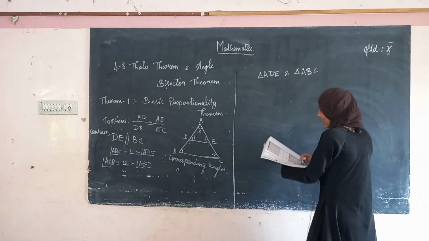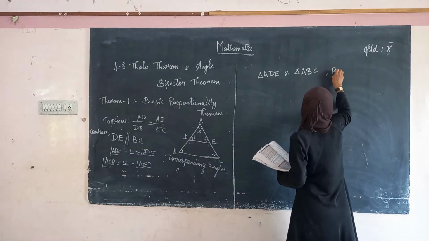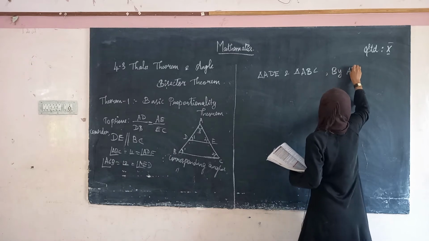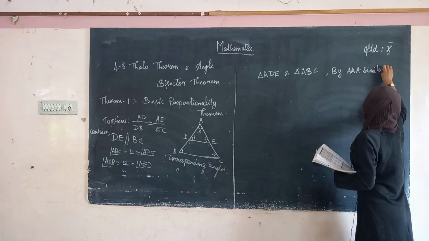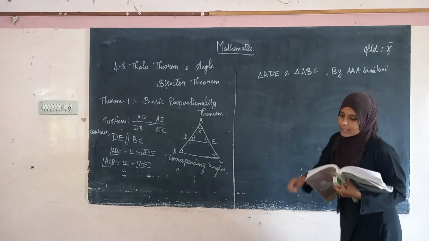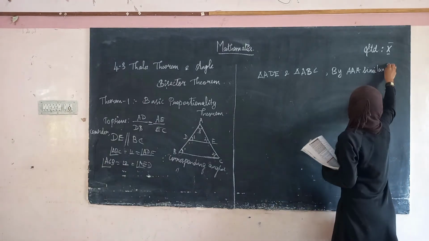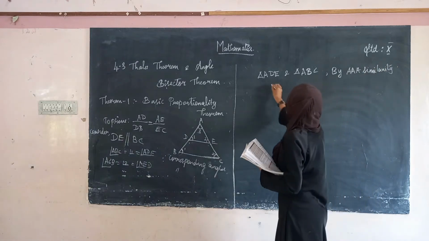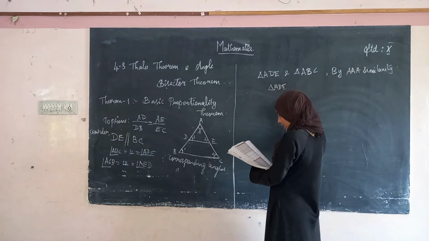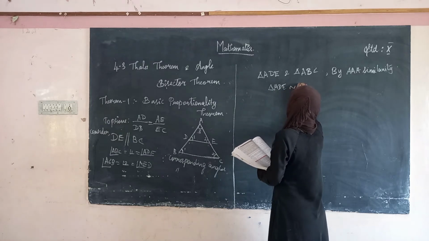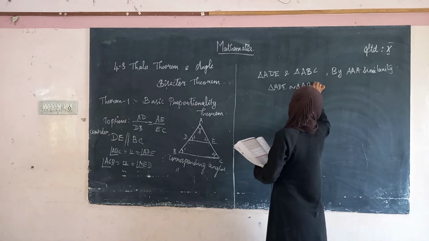Therefore, by AAA similarity, what can we say? Triangle ADE is similar to triangle ABC.